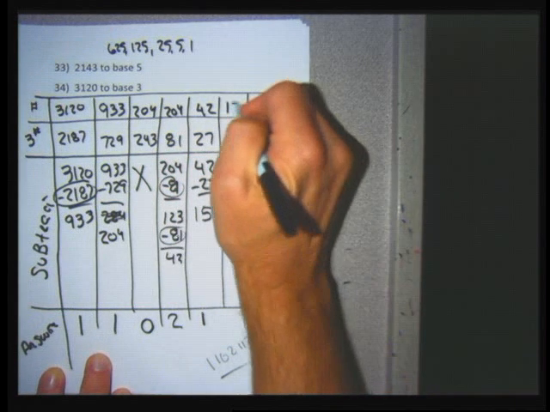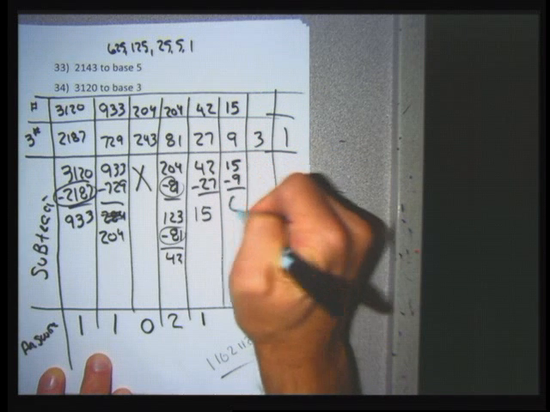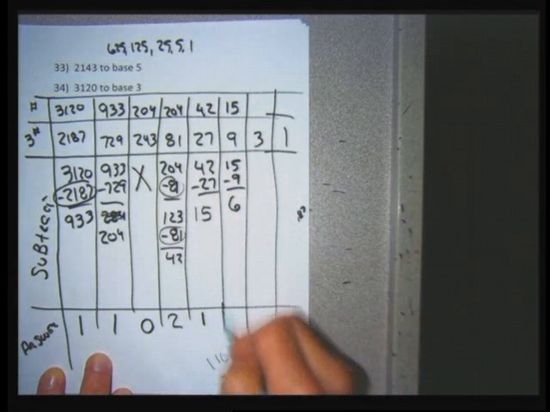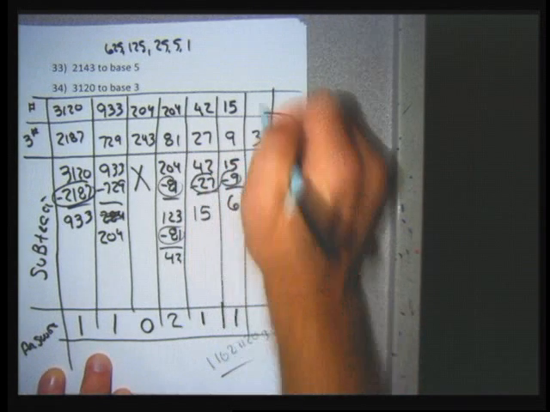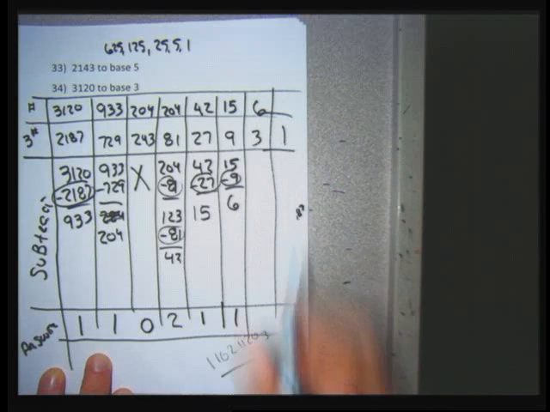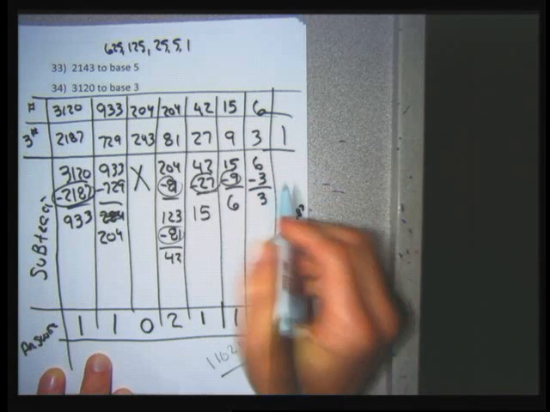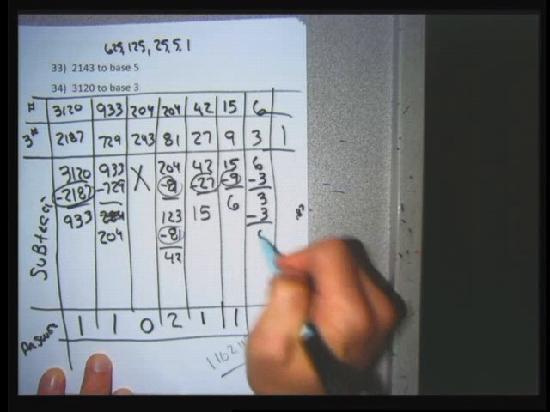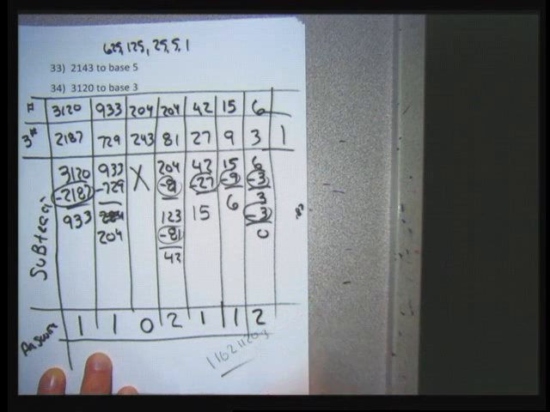Bring my 15 up. 15 minus 9 is 6. Done subtracting that. Get a 1 on the bottom for the one time I could subtract. Bring my remainder over. 6 minus 3 is 3. 3 minus 3 is 0. Done subtracting that. 2 on the bottom.